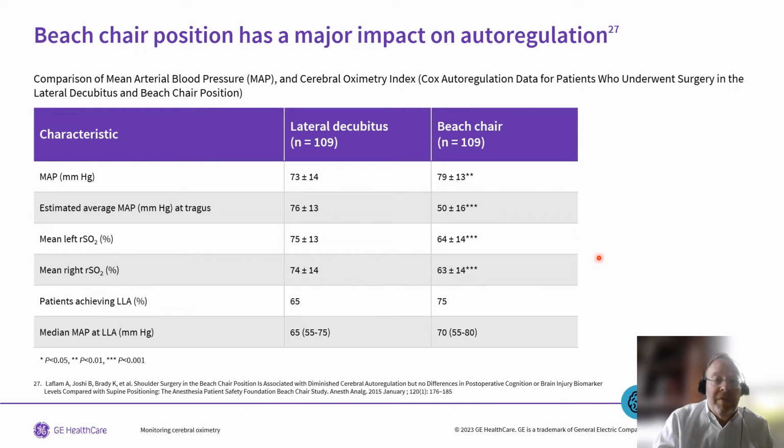Although there was no difference in composite outcome, this study is significant since it demonstrates the challenges that clinicians have to face in this patient population. Here you can see that the mean arterial pressure at the lower limit of autoregulation was predicted to be higher in beach chair position patients.